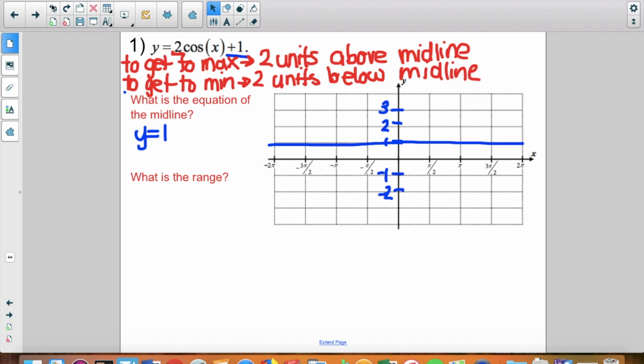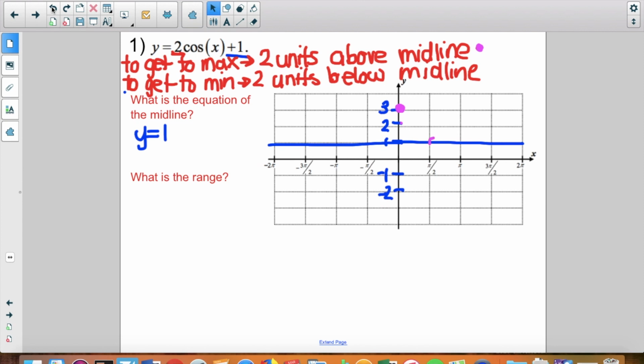Since it's cosine, we start at our max. So at 0, our max, to get to it, we have to go 2 units above the midline. So let me just change the color here. See, it's pink. So you have to go 2 units above the midline. So we go up 1, 2 units.